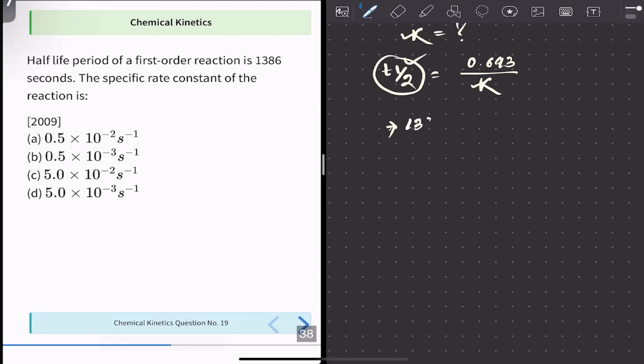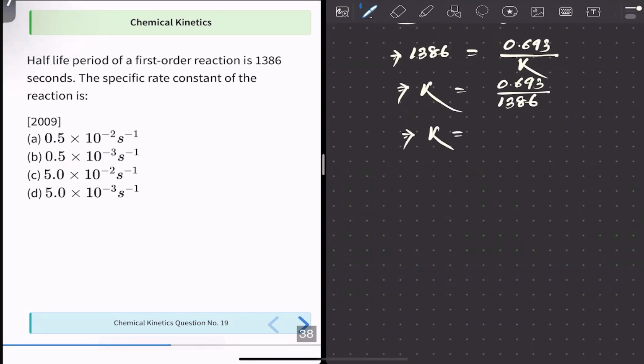T half is given as 1386, equal to 0.693 divided by K. So K will be 0.693 divided by 1386.